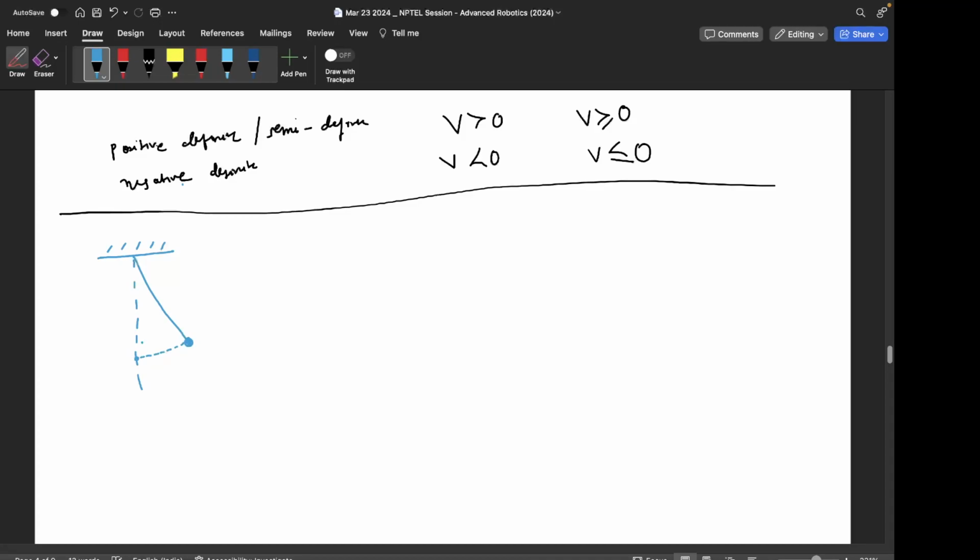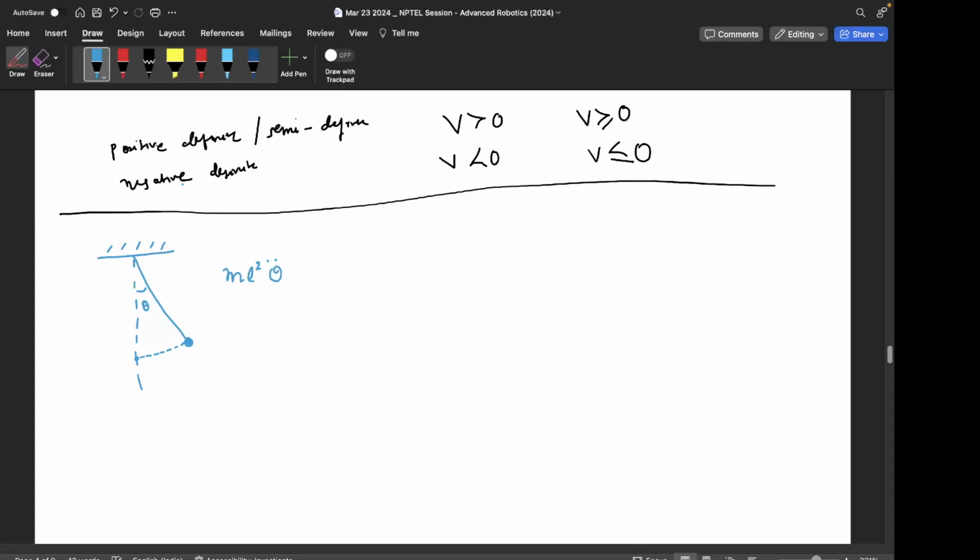Here this is the equilibrium point, theta equal to 0. This is theta. I think you guys are familiar with the equation of motion of the pendulum.